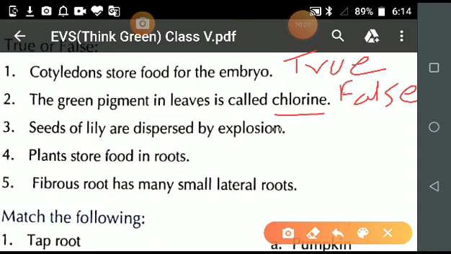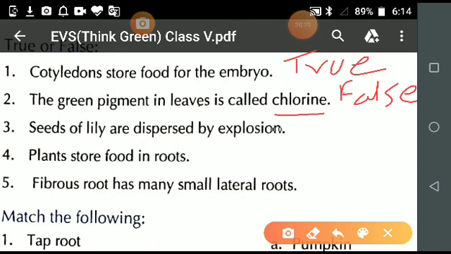Now, third question. Seeds of lily are dispersed by explosion. So, student, dispersal of seed is a very important topic. Why is spreading of the seed very necessary?